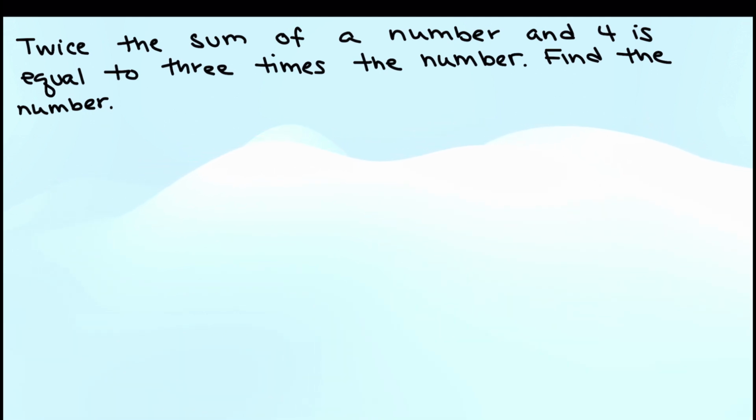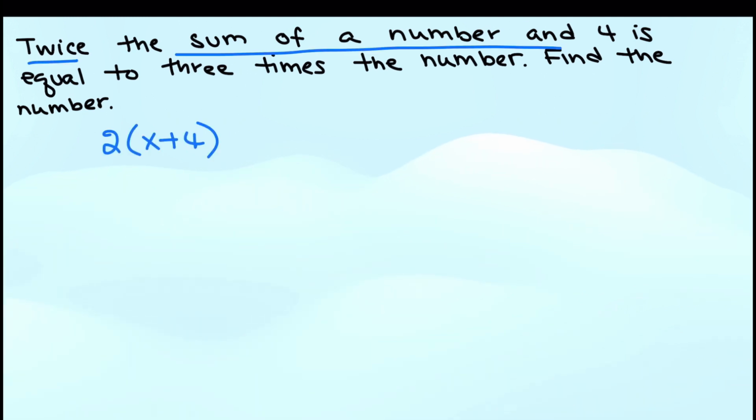The problem says, twice the sum of a number and 4 is equal to 3 times the number. Find the number. So twice the sum of a number and 4, well, the sum of a number and 4, sum means add, so that would be x plus 4, and twice means we're going to take that sum and multiply it by 2.